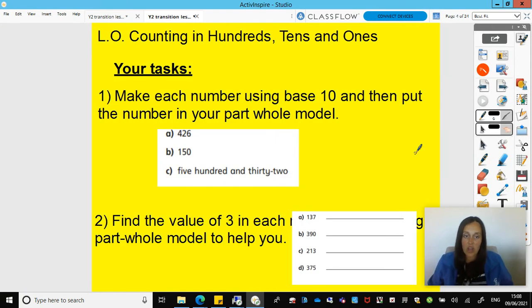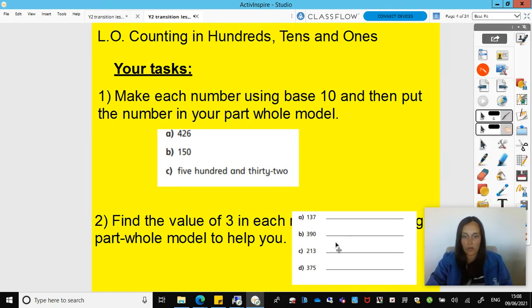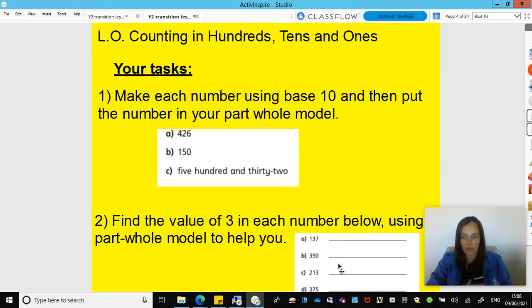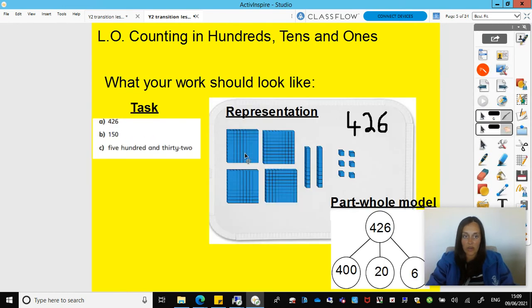Okay, so your task today, you're going to make each number using base 10 and then put the number in your part-whole model. That's going to be your first task, okay? I've already done one for you. I'm going to show you what it needs to look like on your desk, okay?